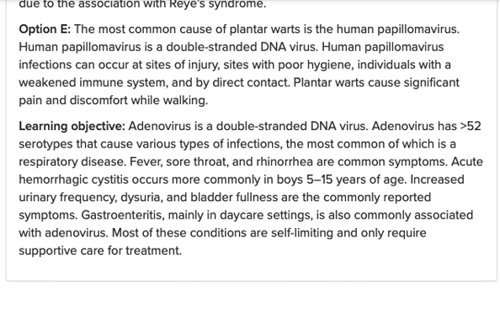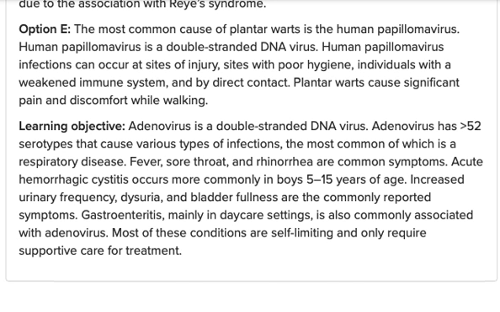Option E, the most common cause of plantar warts is the human papillomavirus. Human papillomavirus is a double-stranded DNA virus.